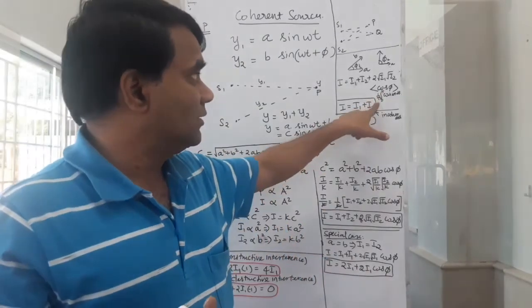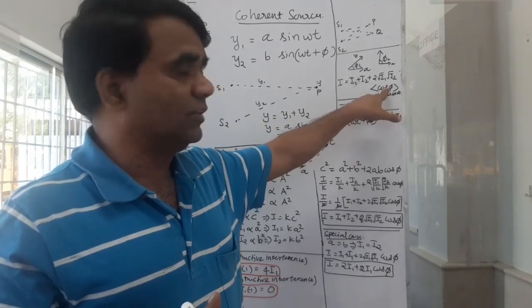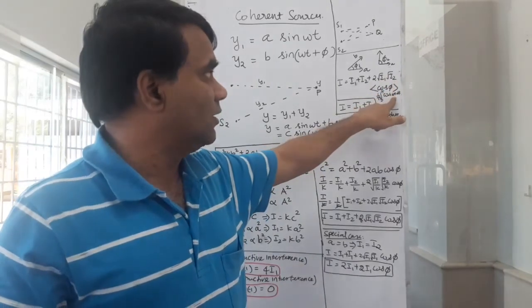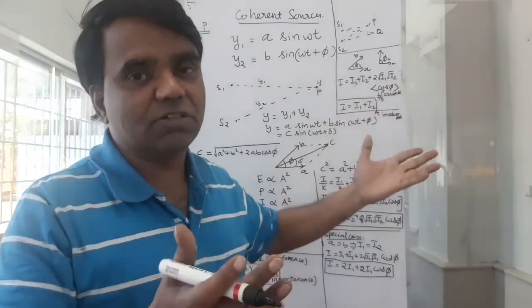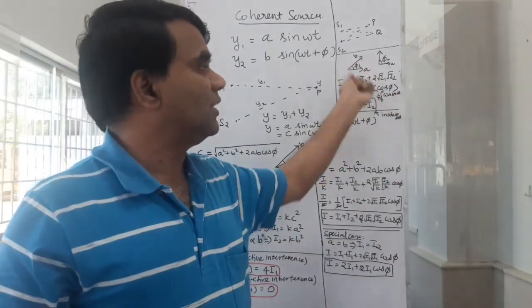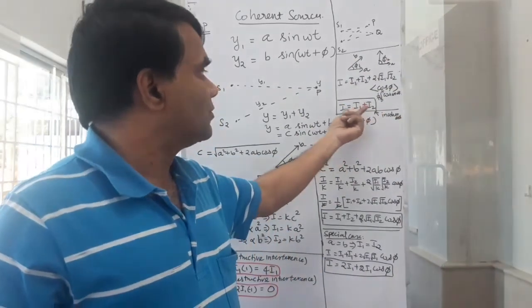Then you would end up with this kind of situation. You need to take an average for the cos phi, because cos phi is changing. The phi is now a function of time, not a constant. So when you take the average, it goes away.